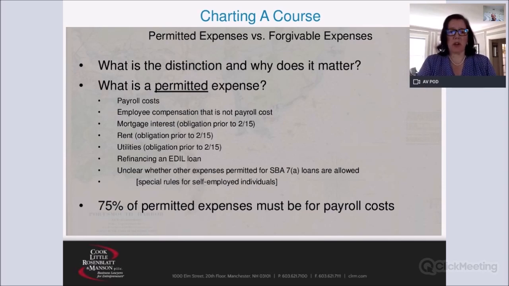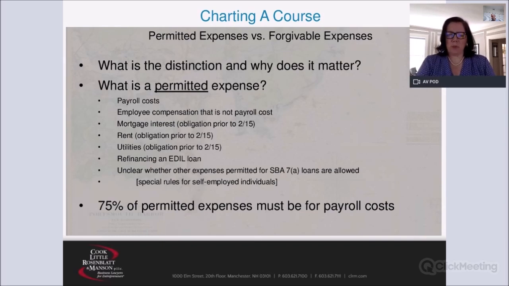And beyond the payroll costs, you can use the funds, subject to the 75% limit on the payroll costs, also for employee compensation over and above the payroll costs. For mortgage interest, rent, and utilities, there are specific requirements that those payments be made on obligations that were incurred prior to what they call the covered period, which starts on February 15th.